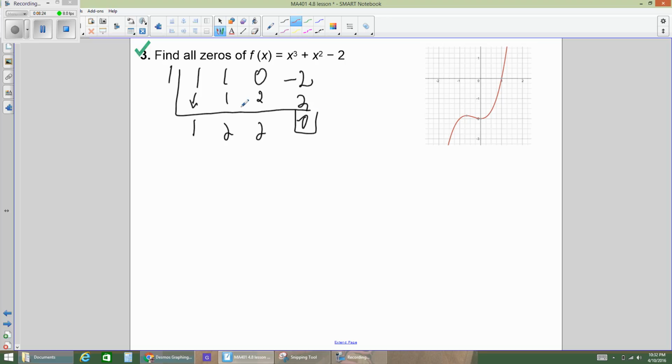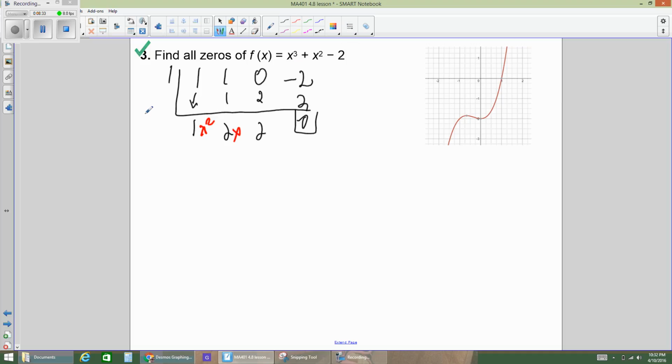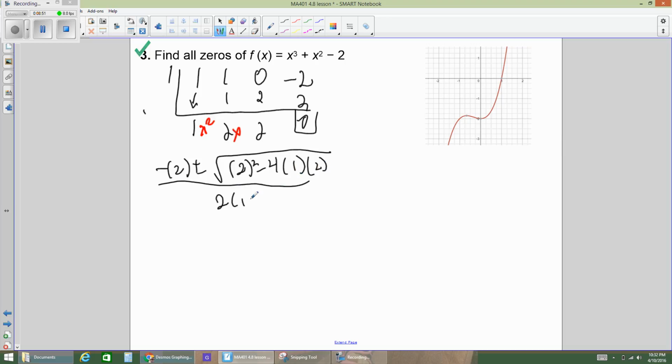We knew it was going to work. And then remember, this is an x squared. This is an x. That is our constant. So that's your ABC value also. X equals the opposite of b, plus or minus the square root of b squared minus 4ac, all over 2a.